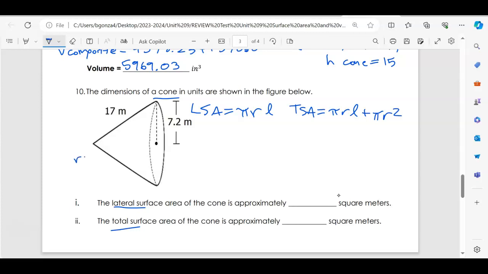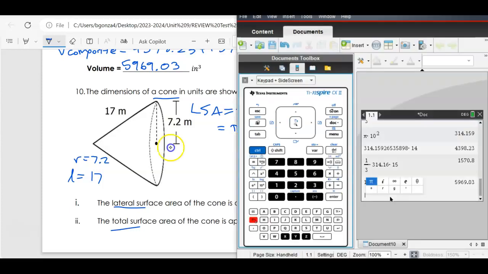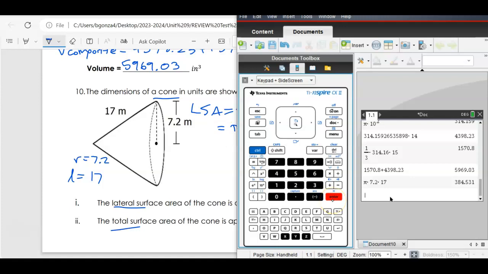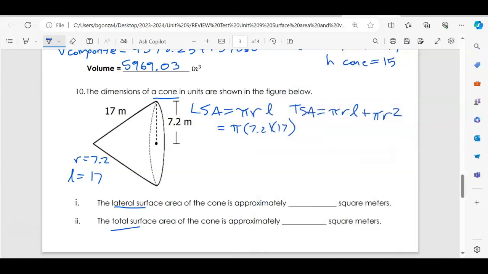So do we know R? 7.2. Do we know L? 17. Pi 7.2 times 17 is 384.53. That's going to be in square meters. Square because it's two-dimensional.